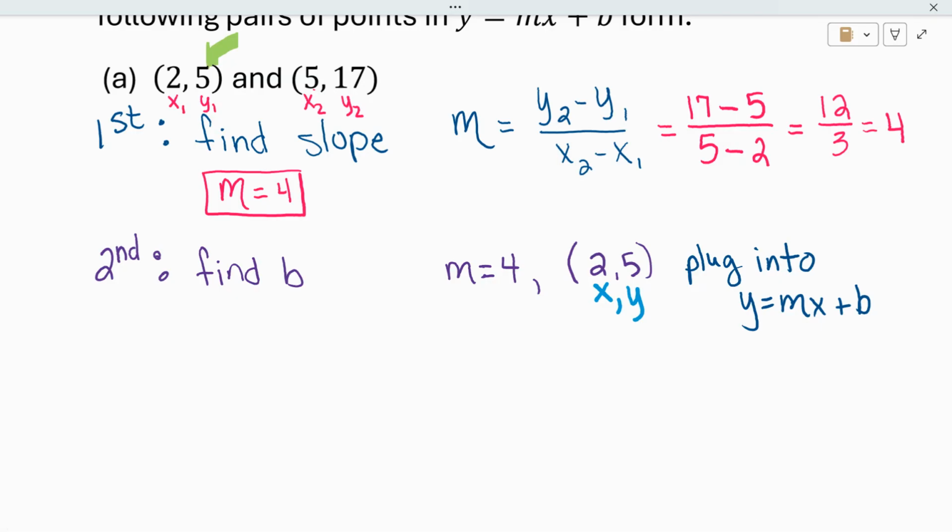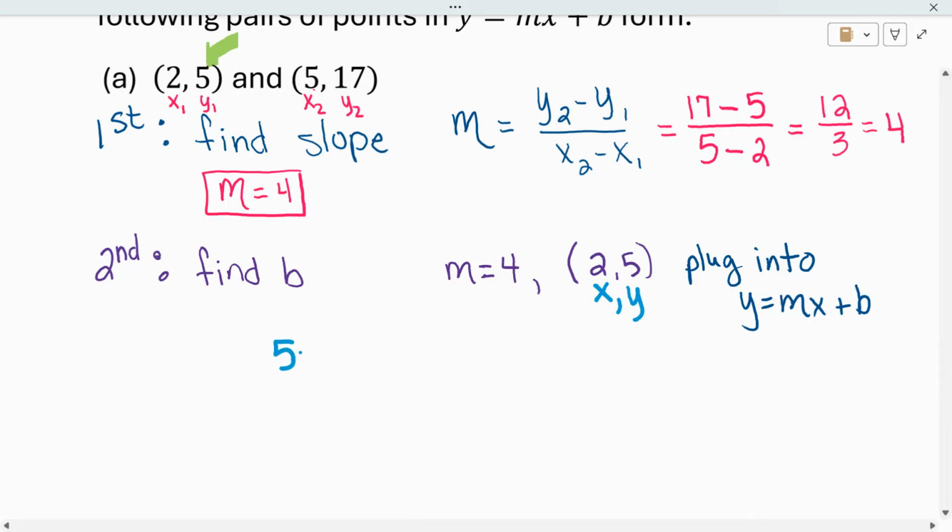I think that's important. So what value, Daniel, are we substituting in for y? What value do we have labeled as y? 5. Good job. So I'm going to start off with 5 equals.